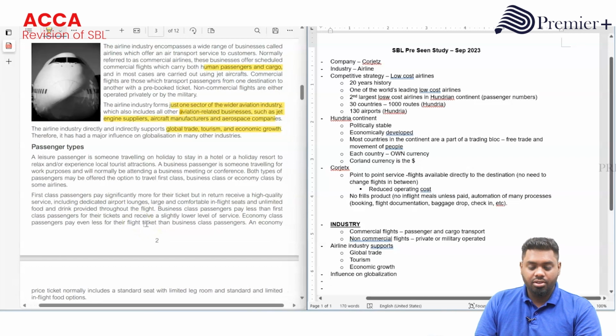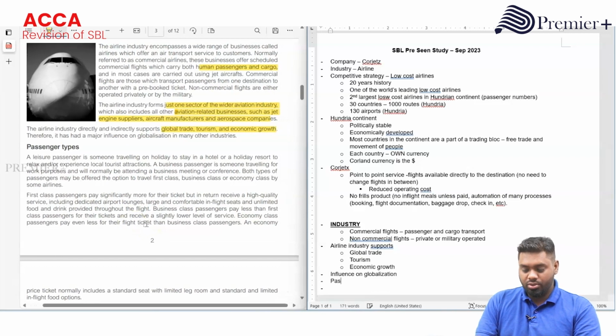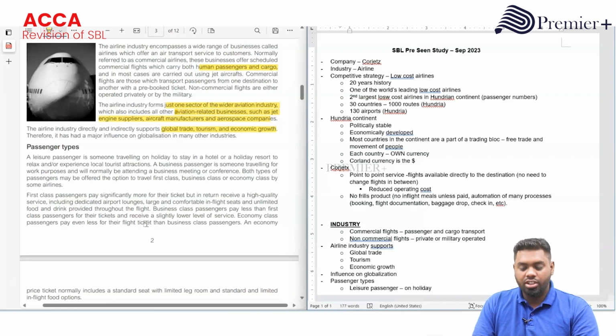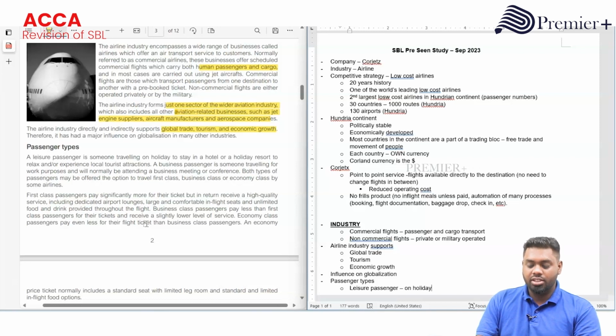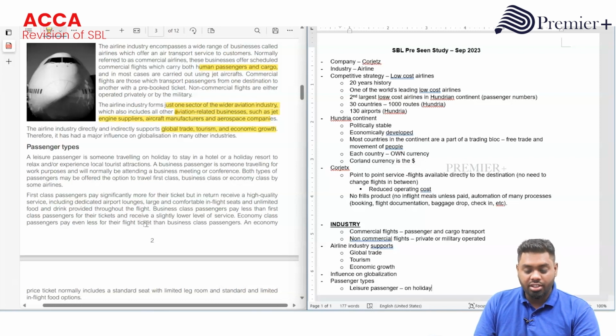Passenger types. So we are looking at passenger types here. A leisure passenger is someone traveling on holiday, to stay in a hotel or holiday resort, to relax or experience local tourist attractions.